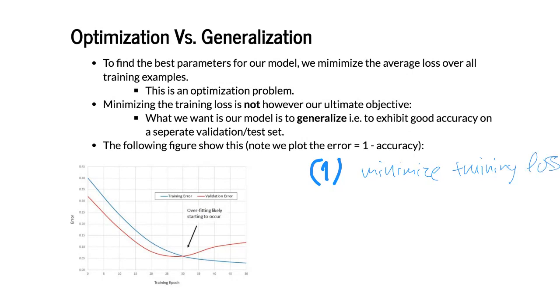So what does this mean? It means that the model can fit the training data. If we minimize the training loss, it means that we can make more and more accurate predictions for our training data.